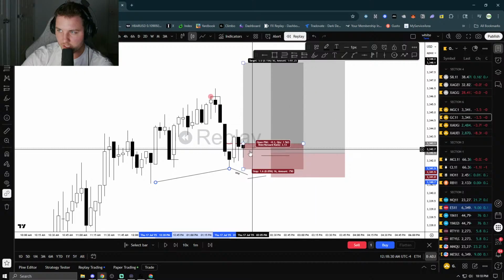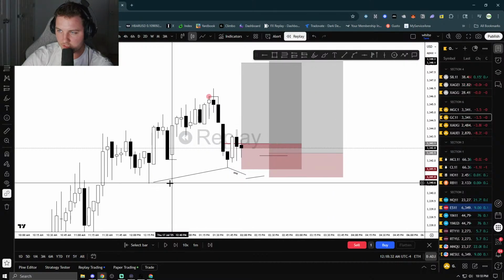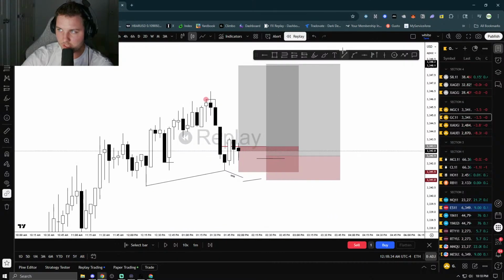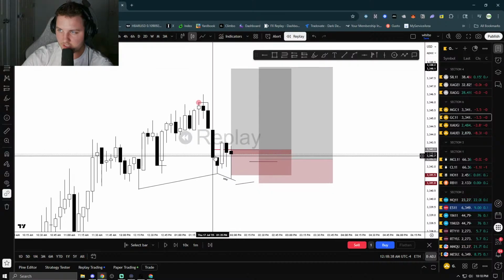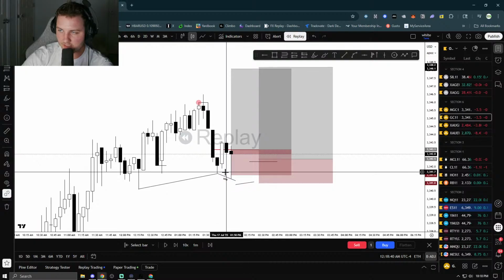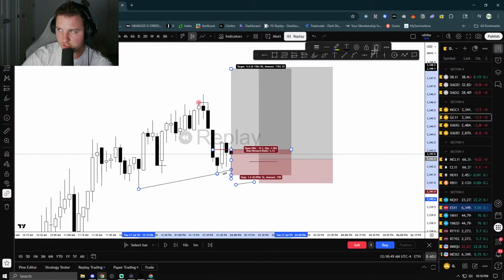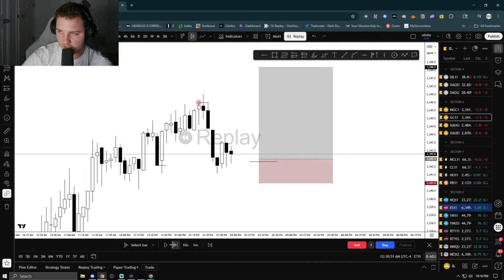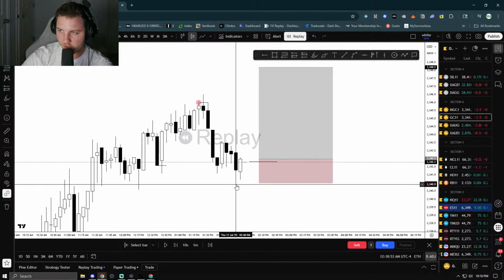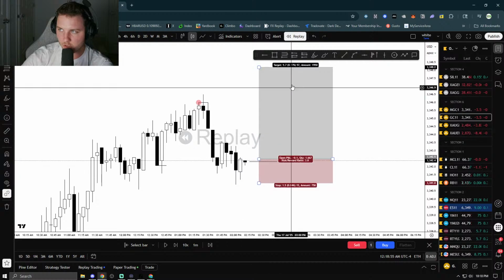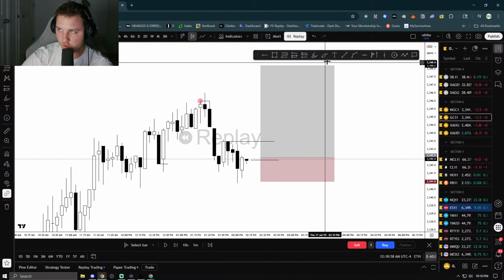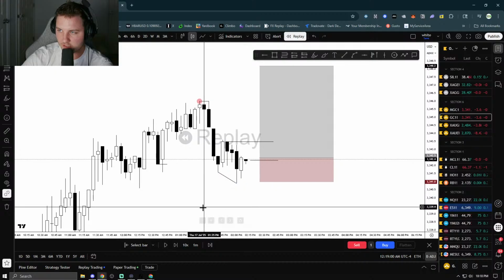So okay, we'll assume this SMT, whatever. If we SMT this on the other asset, then this is technically a protected low, right? But you're getting way too trigger happy. You have to let it develop and give you the setup. So look, 2 p.m. opens low. Okay, so let's just assume an SMT.